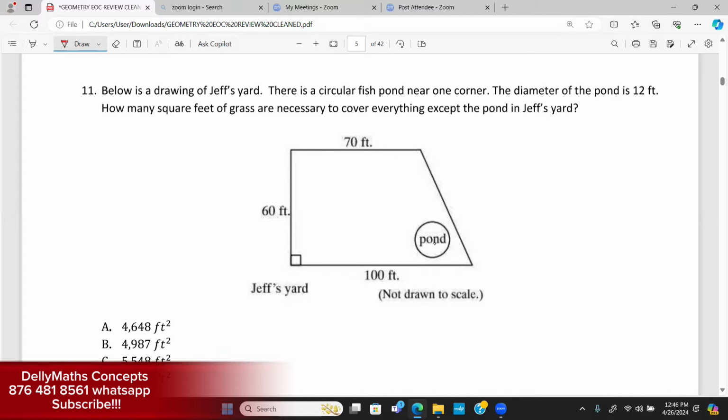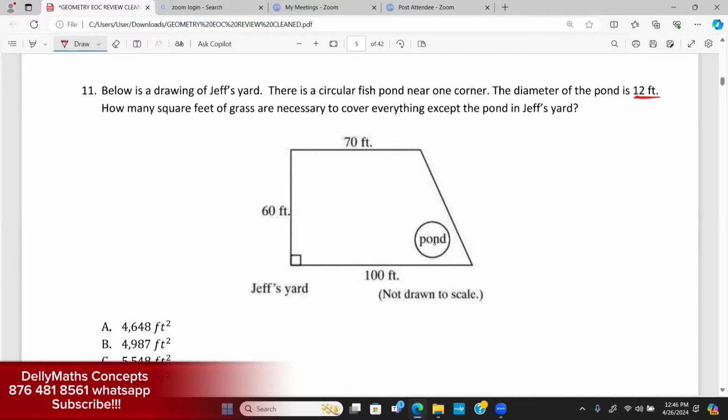Okay, the diameter of the pond is this. So what you're going to do is work out the area and subtract the area of the pond. How many square feet of grass are needed to cover everything except the pond.